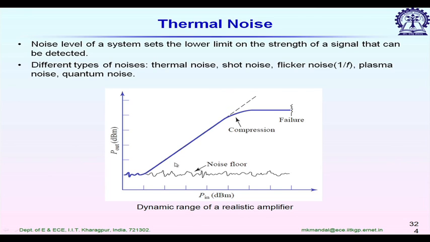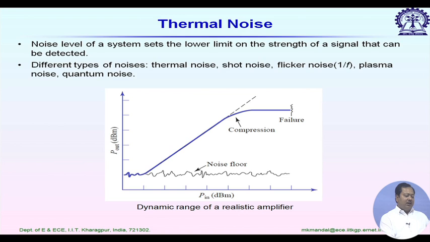If I plot P out versus P in, for the first part it will be a straight line, and then it will deviate from the straight line. Here we are showing P out in dBm versus P in in dBm.